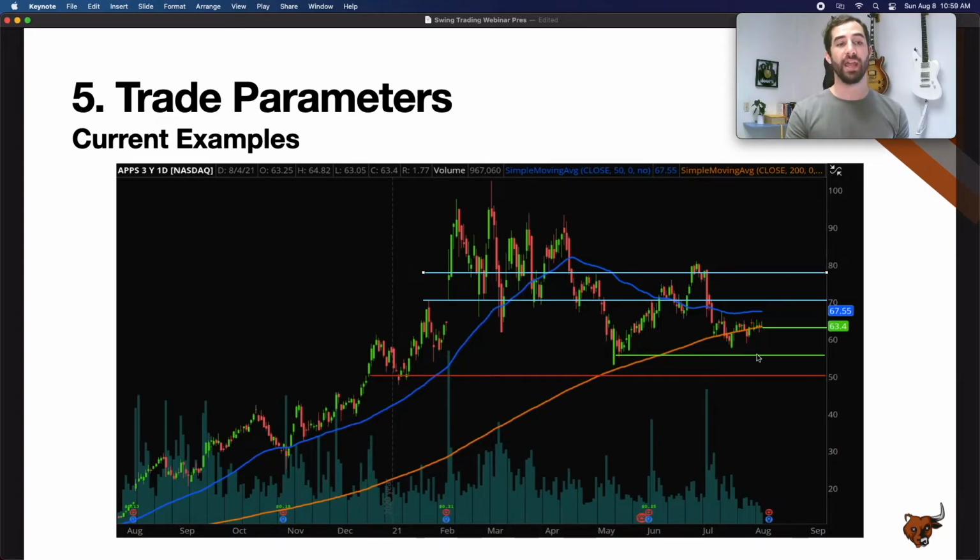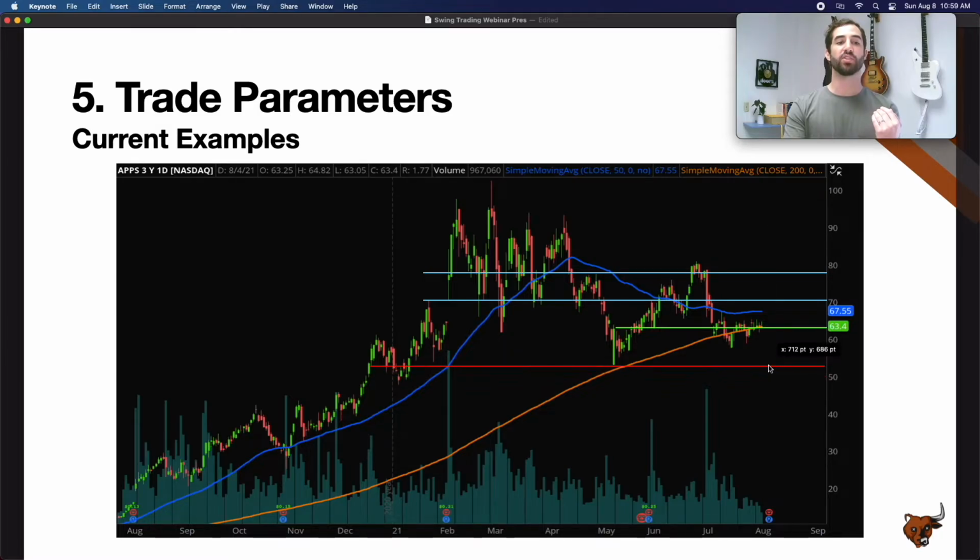So I would enter the rest of my position right there at 63. Since I'm adding at the 200 MA, my stop loss is considering the 200 MA setup, and it's not considering this notable price level.